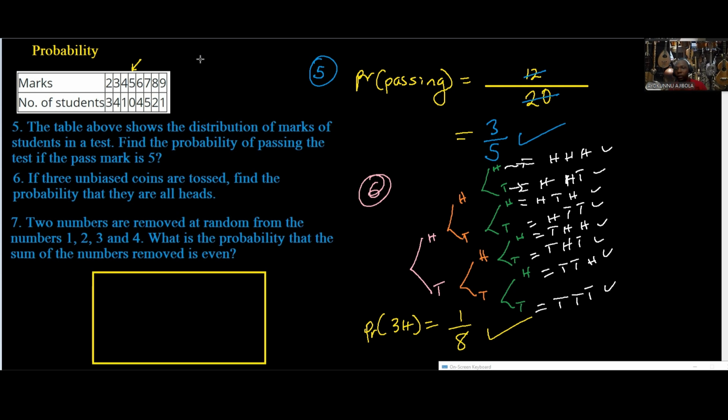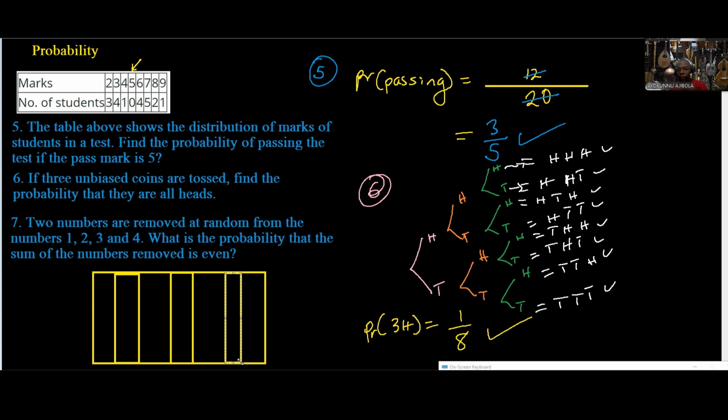I'm going to label this one for 1, this one for 2, and this one for 3, and this is the fourth one.